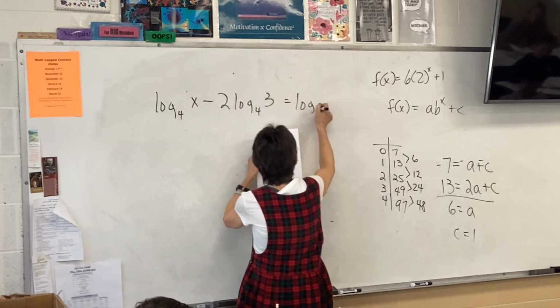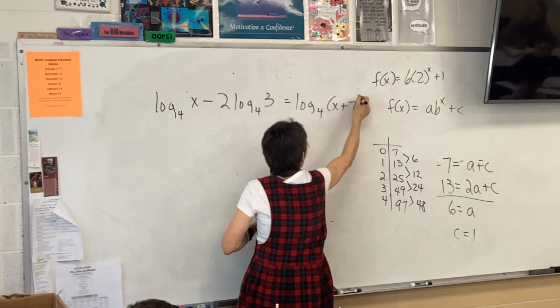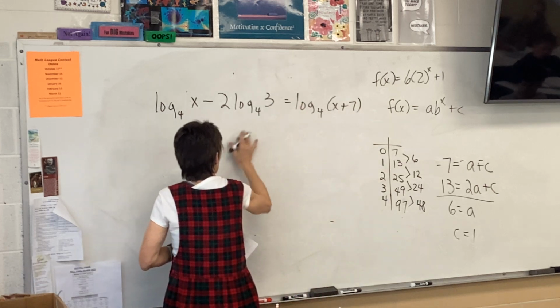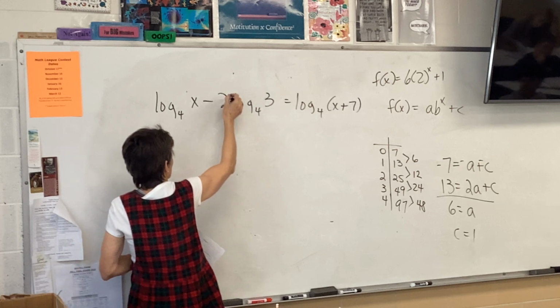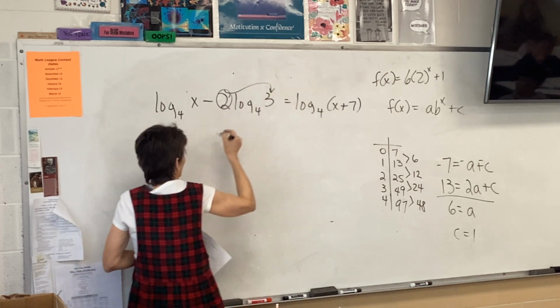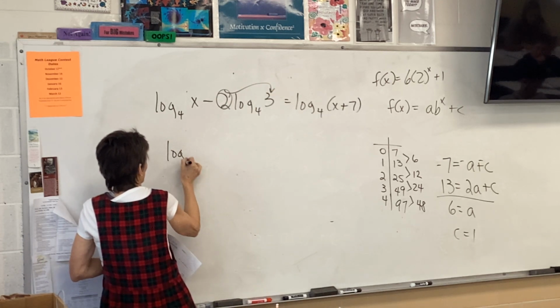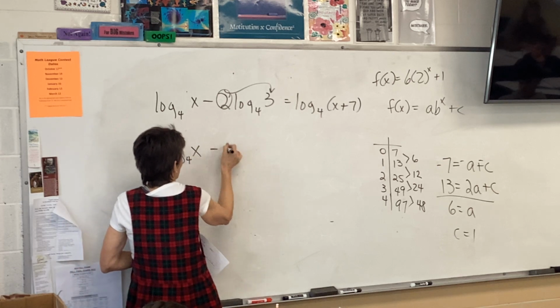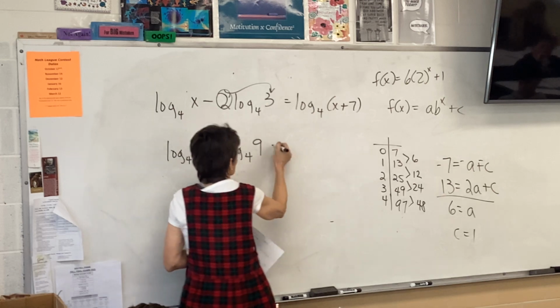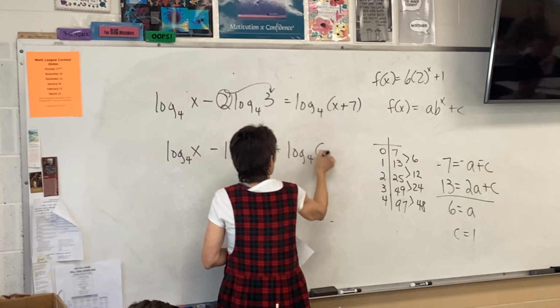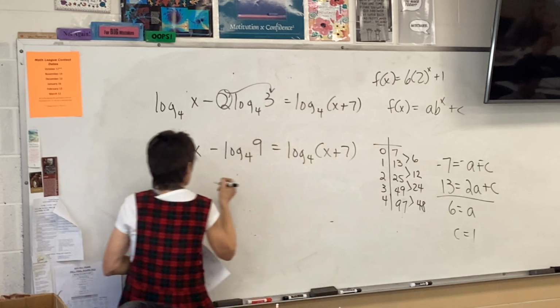Okay, this is an equation. Kind of like the one we just did, it's an equals though. So we're gonna go ahead and put these together, Emily. This guy becomes an exponent, right? So I'm gonna have the log base 4 of x minus the log base 4 of 9. And then I'm gonna go ahead and put those logarithms together again.